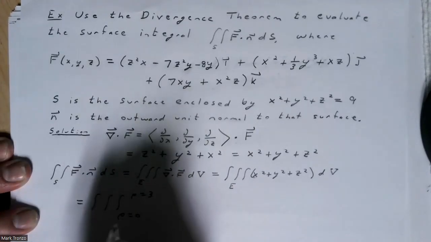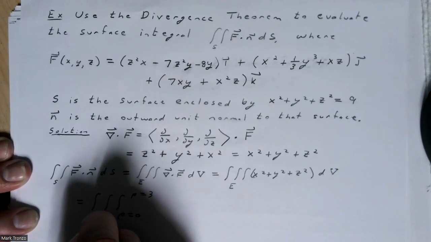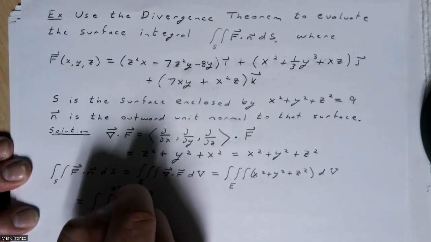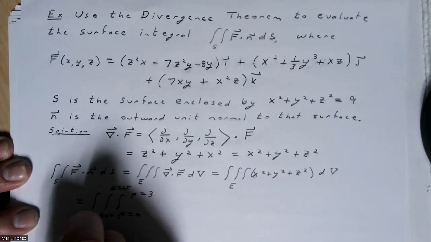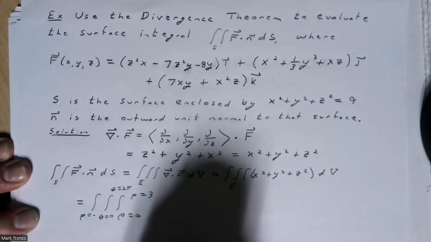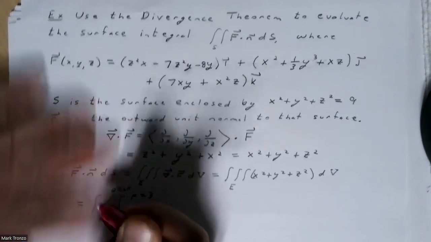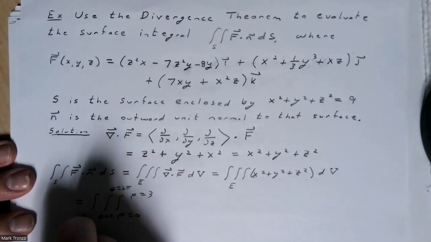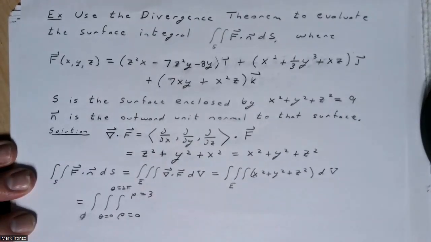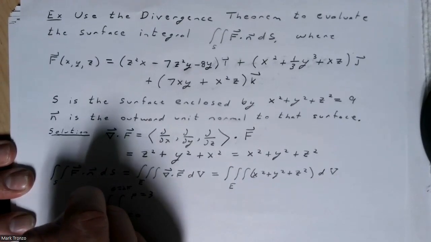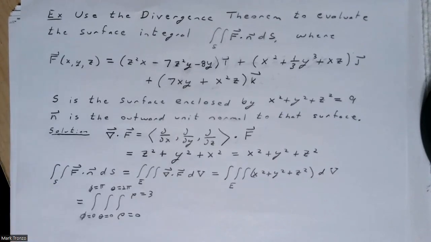And then from theta equals 0 to theta equals pi over 2. Then the phi will go from 0 to pi. You recall the phi, to get a sphere, phi just goes from 0 to pi.